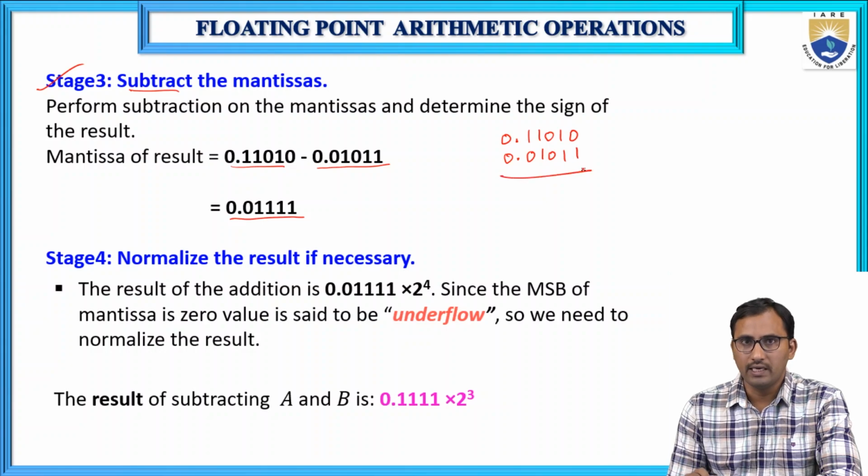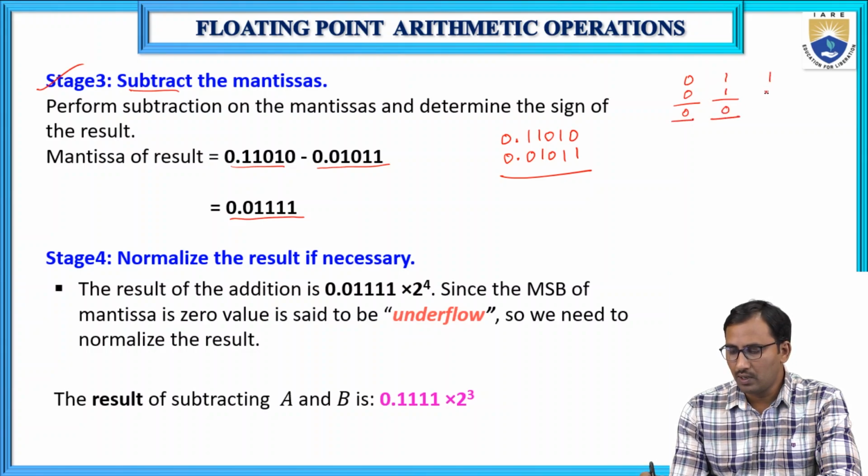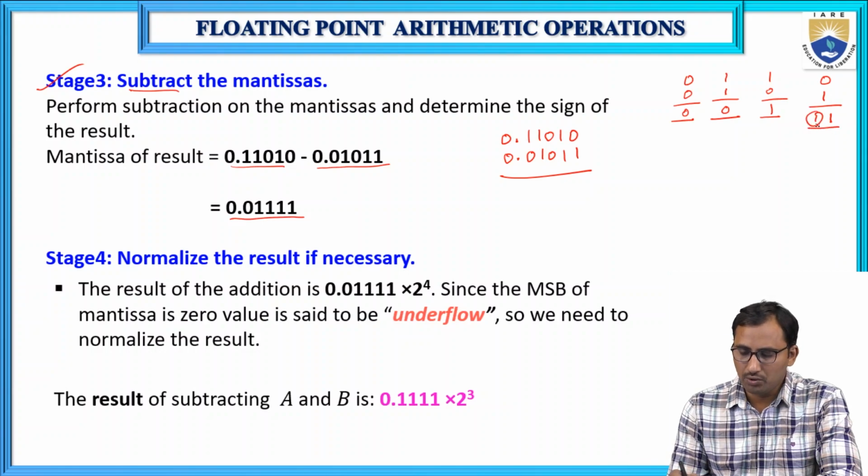In subtraction, if you subtract 0 from 0, you will get 0. If you subtract 1 from 1, you will get 0. If you subtract 0 from 1, you will get 1. If you subtract 1 from 0, you will get 1 with borrow 1. According to that, 0 minus 1 means 1 with borrow 1. So 1 minus 1, 0. 0 minus 1, 1 with borrow 1.